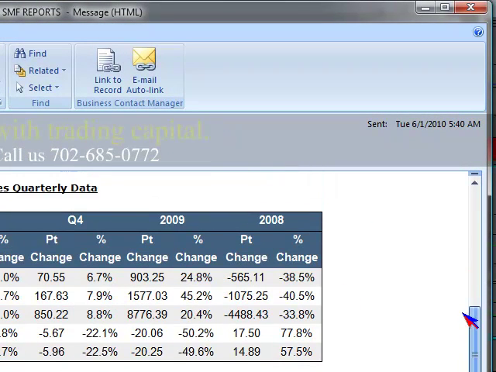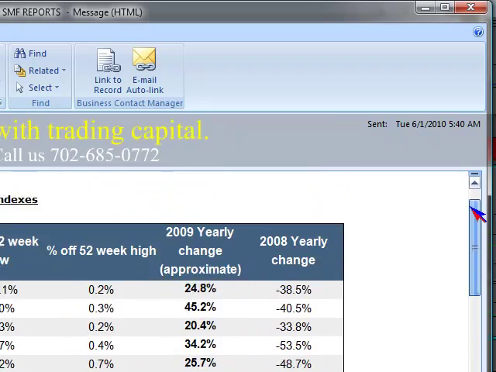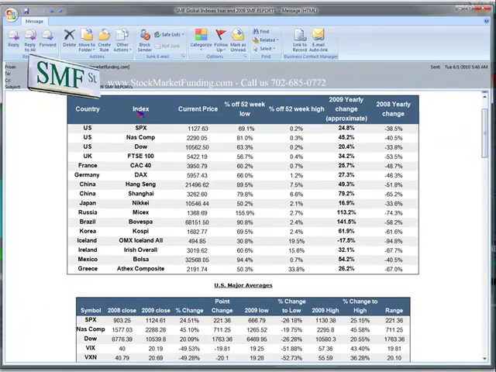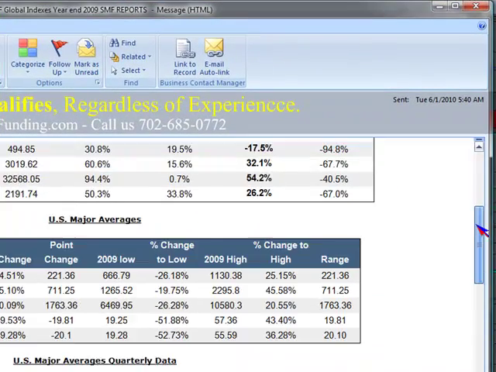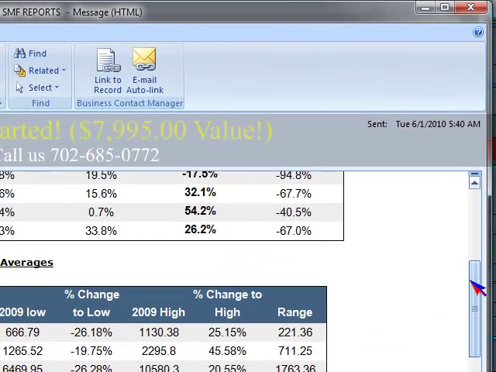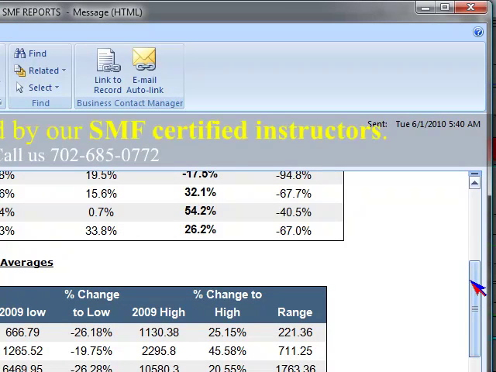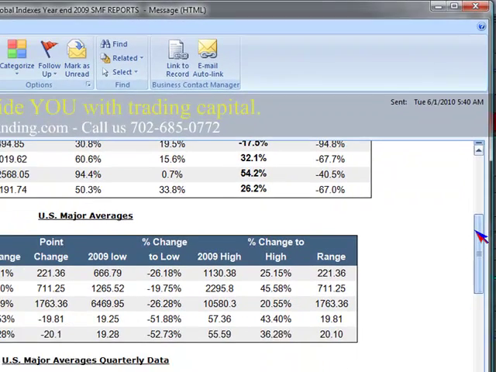We will be doing a much more thorough follow-up using the table here, and what that means is being involved in all markets around the world. Not just your U.S. market, but we want to make sure that you're focused on global markets and who's having problems around the world.